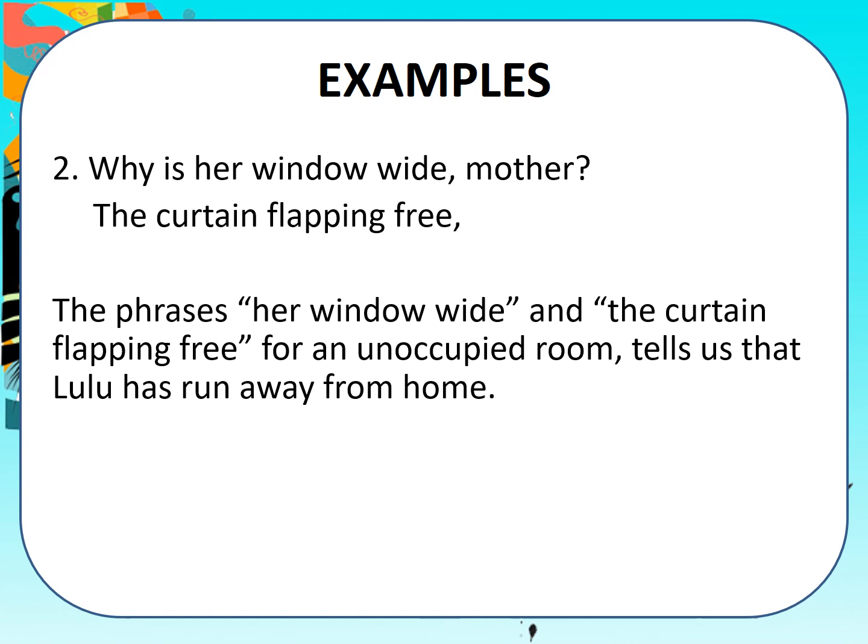Remember in the first stanza, the persona was wondering, where is Lulu? Why is there nothing in her bed but an old rag doll and by her side a shoe? So for an unoccupied, empty room, but the window is wide and the curtain flapping free, it tells us that Lulu has run away from home.